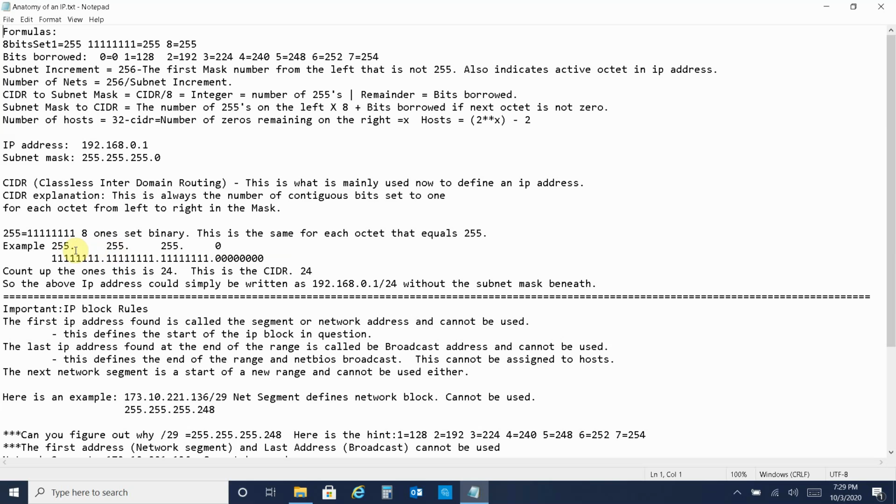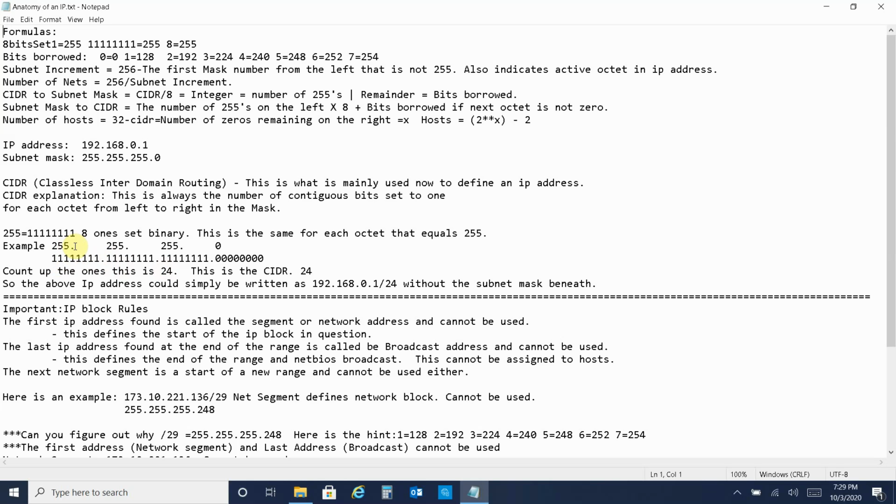Again, this is subnet mask only. So you have 8 ones here, 8 ones here, 8 ones here. They're all contiguous. You will never have zeros in between any of these. They're all going to be contiguous, and then the rest are going to be zeros all the way out to the right. So in this one, a very simple one, why is this 24? You simply count up the ones.